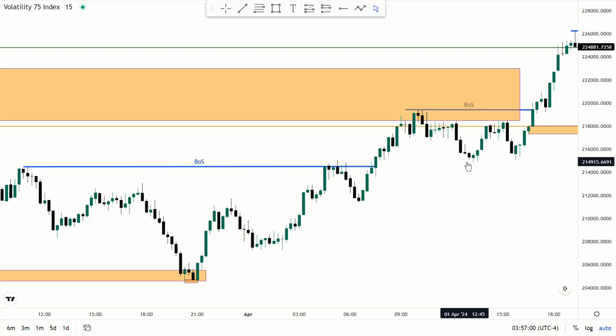If you are just basing your entries on the bias, wait for the bias to at least show you some sort of entry potential. Okay, so this helps you stay away from the market at least, because you know that the market is in the danger zone.